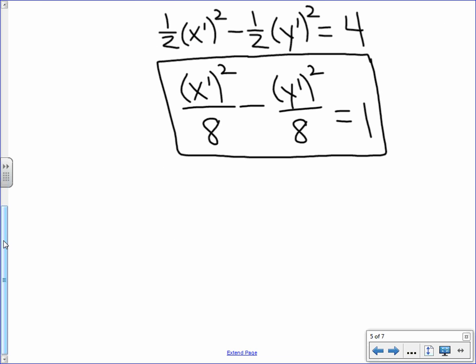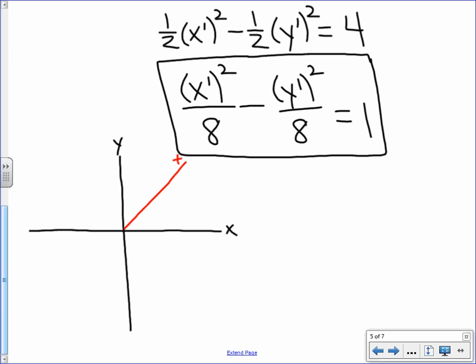Okay, so here's what's happening. Here's our y-axis, and here's our x-axis. We rotated this conic at what kind of an angle? Pi over 4. So pi over 4 is about right there. Do you agree? Does that look about like pi over 4? So that's going to become our x prime axis.